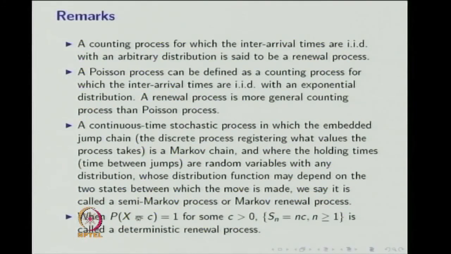For a renewal process, the inter-arrival times are IID random variables. Therefore, if these IID random variables are constant random variables for some constant c greater than 0, then the corresponding renewal process is called a deterministic renewal process.